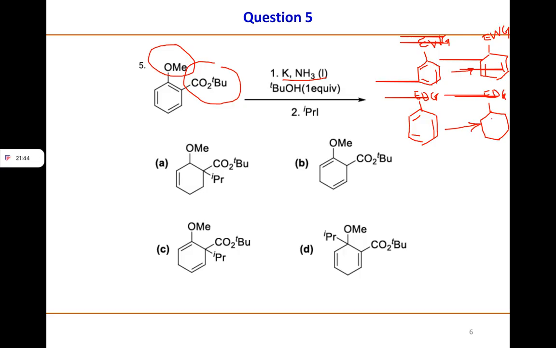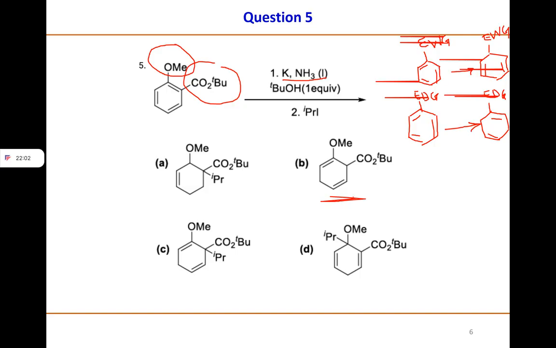In this case we will have the double bond this way. So in our question we can see that the donating group is here and this is a withdrawing group, the ester one. So the double bond position will be this way, right?